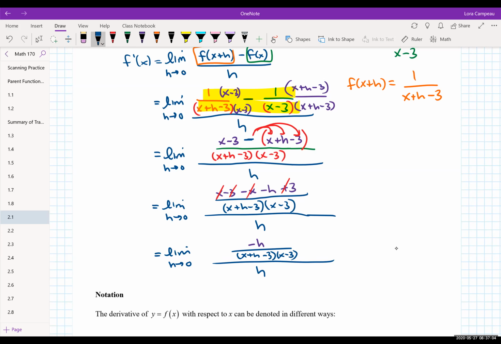Now there's more than one way to approach it. I'm going to leave some space on the right side, but whenever you divide two fractions, you can rewrite the division, since anytime you divide two fractions, you're actually multiplying by the reciprocal.